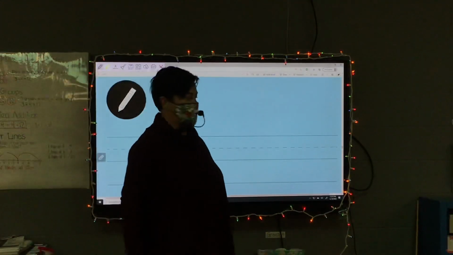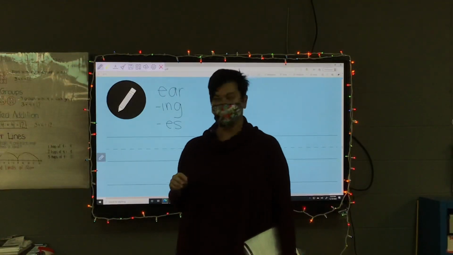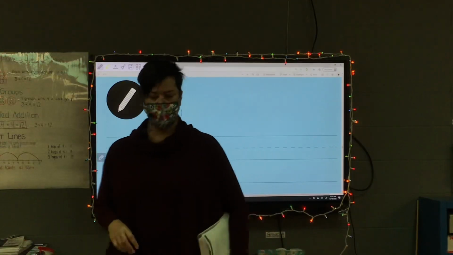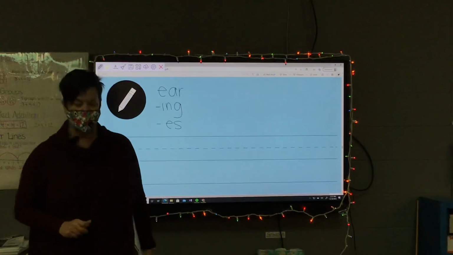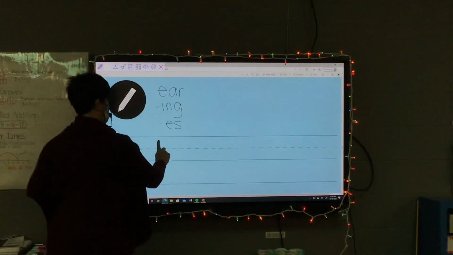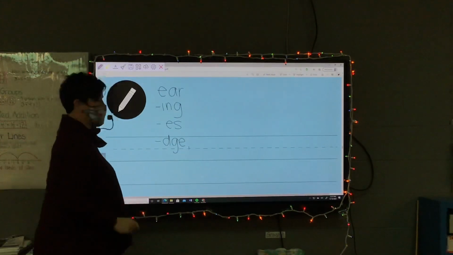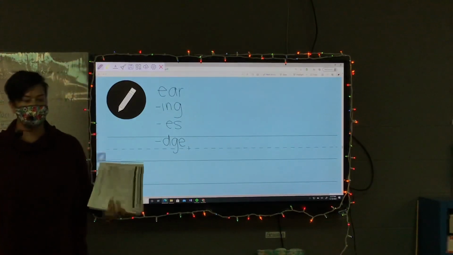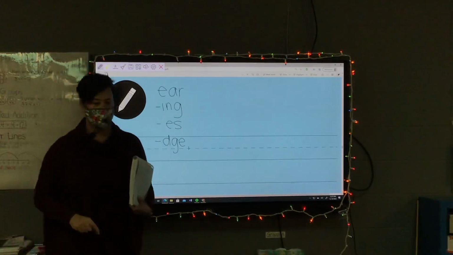Three ways for J. Okay, do you think you figured out the 3 correct ways for the J sound? What is one of them, Raylan? D-G-E, yes. What is another way to write the J sound? Amy?